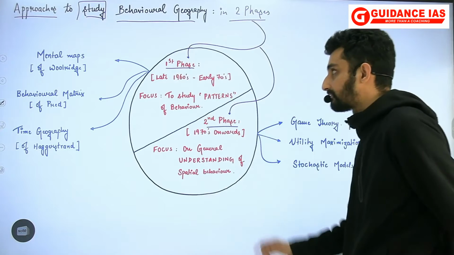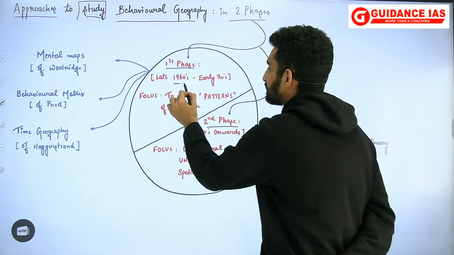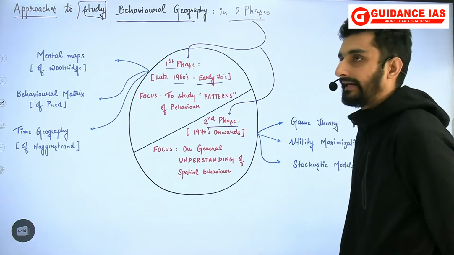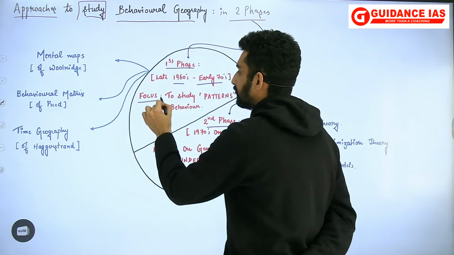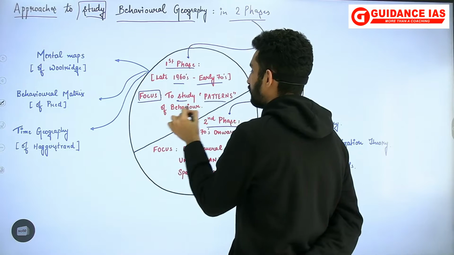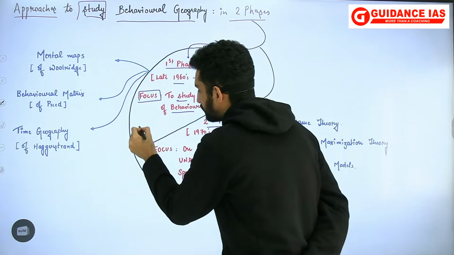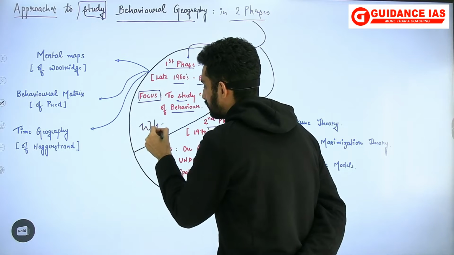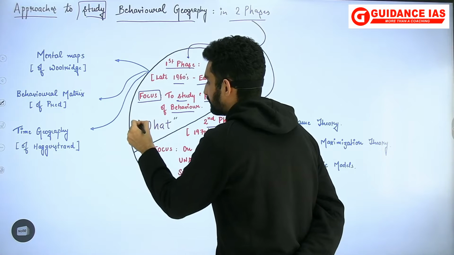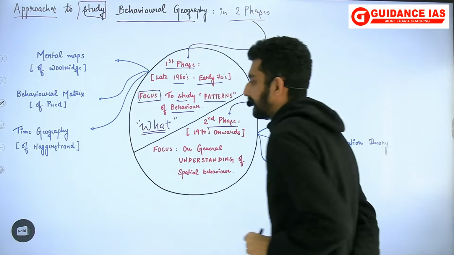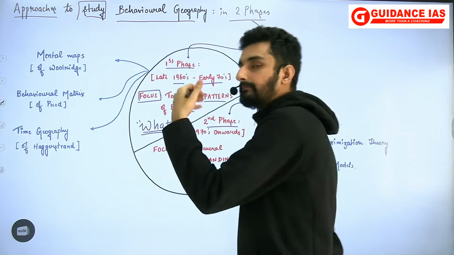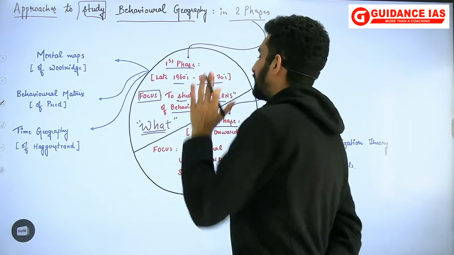The first phase started from the late 1960s to the early 1970s. And here the main focus was to study the patterns of behavior. In other words, it was to know the what of behavior in a geographical space. And in this, we have many methods and approaches to study the patterns of behavior.